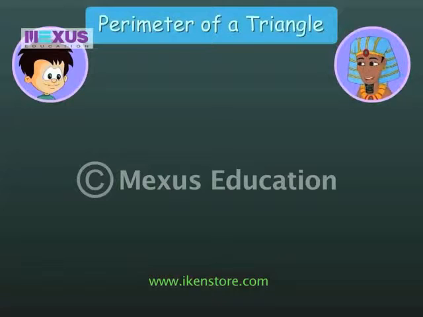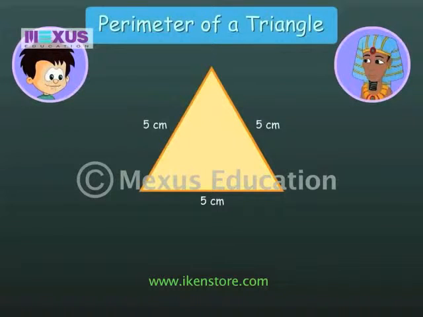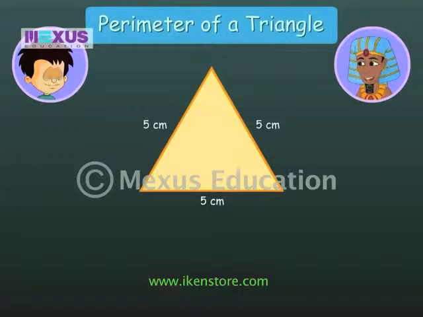A triangle can be an equilateral triangle like this one. Can you tell me what an equilateral triangle is? An equilateral triangle has 3 sides having equal length. Exactly.